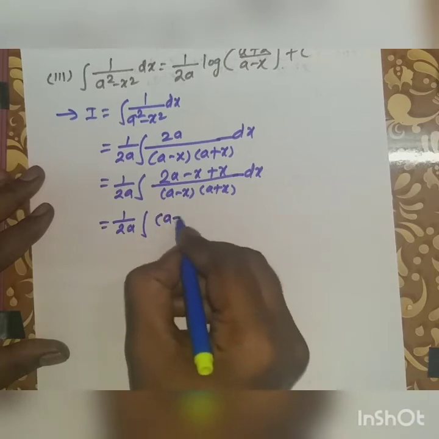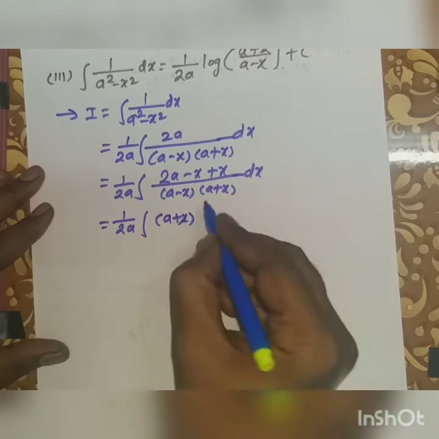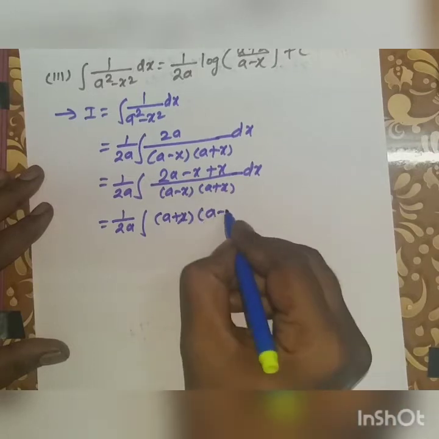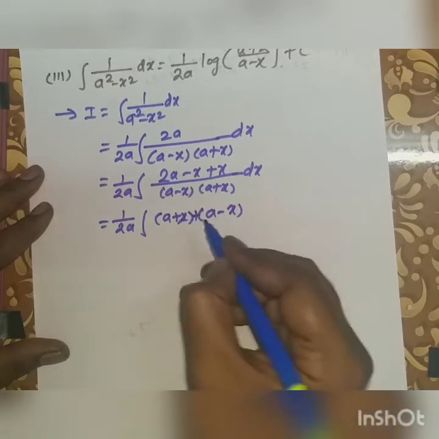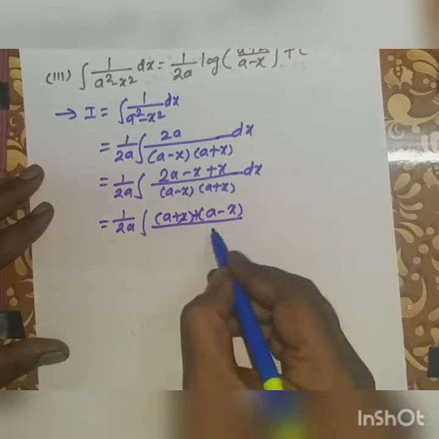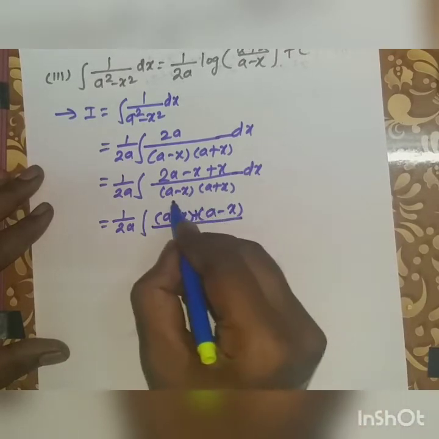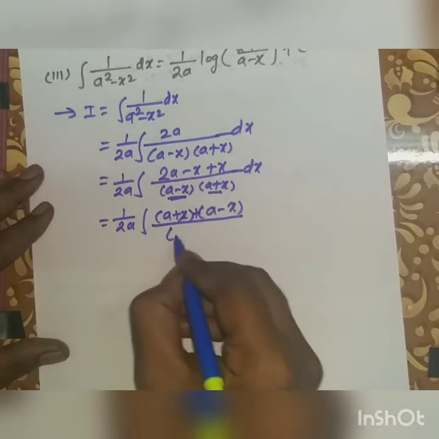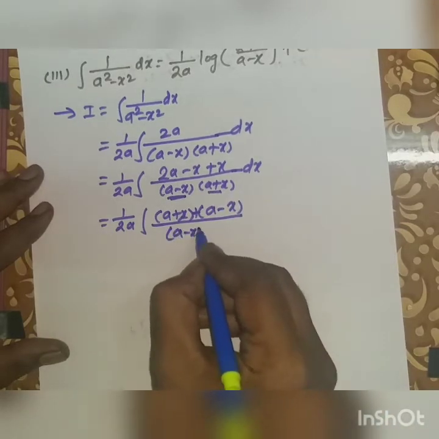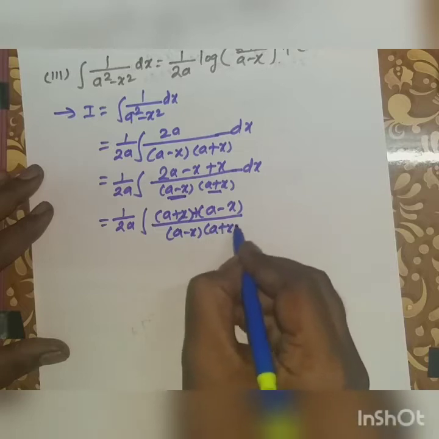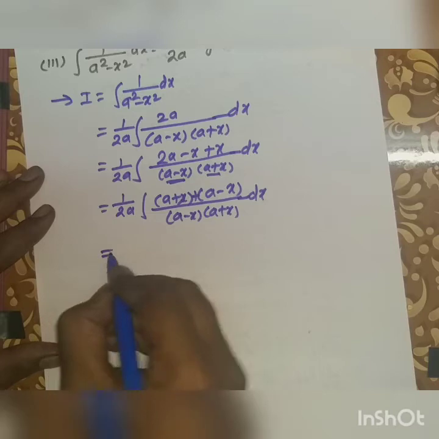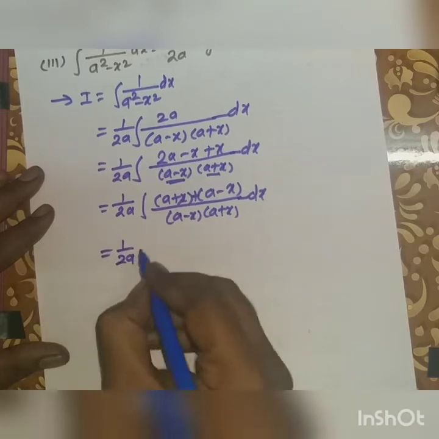The remaining a and minus x, we write in the second bracket a minus x, the middle sign is plus. Here we cannot change the sign because the denominator is also a minus x as well as a plus x, dx is equal to 1 divided by twice a.